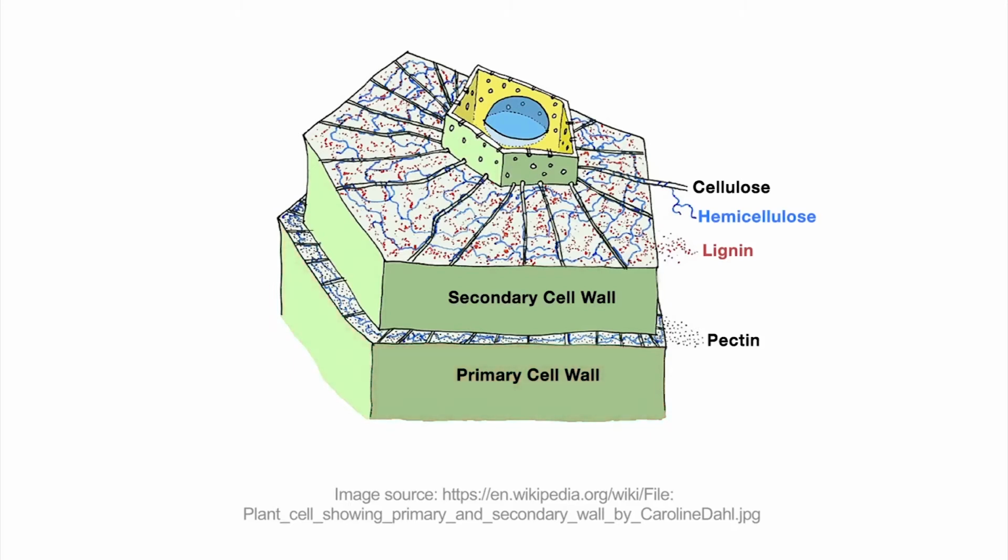Wood is made up of mostly secondary cell walls and is commonly composed of cellulose, xylan, which is a hemicellulose, and lignin, which is a complex phenolic polymer. Lignin is present in the spaces between cellulose, hemicellulose and pectin in the cell wall and strengthens the cell wall as well as waterproofs it.